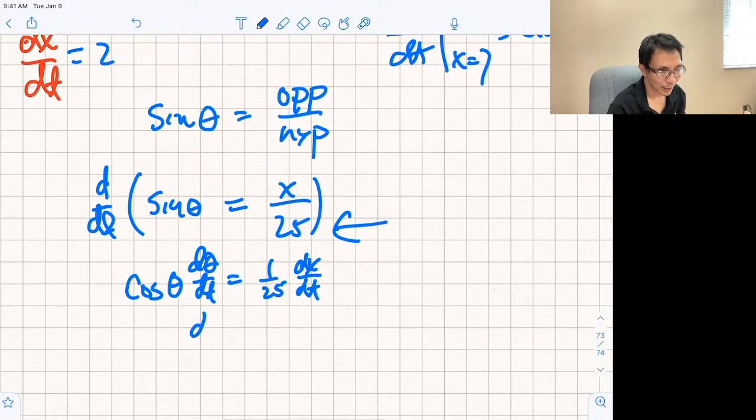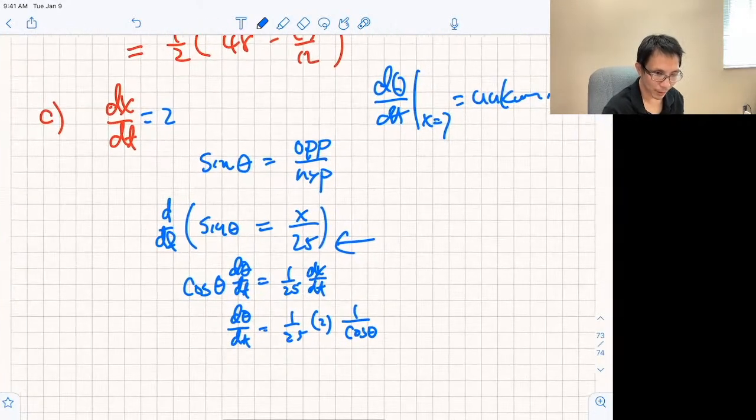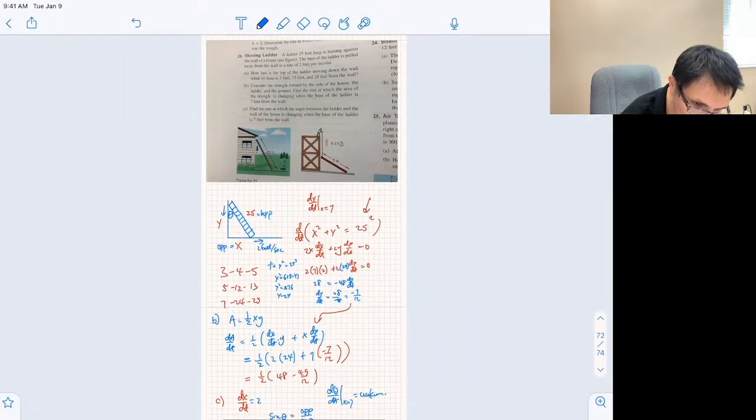And then d theta/dt is equal to 1 over 25 times 2, right? And then 1 over cosine theta. Wait, how do I find cosine theta? Adjacent over hypotenuse. Adjacent over hypotenuse, so it'll be 2 over 25. And what is adjacent in this case? Hold on.